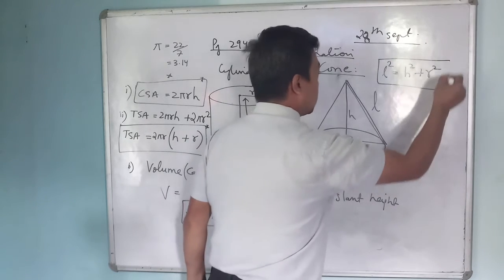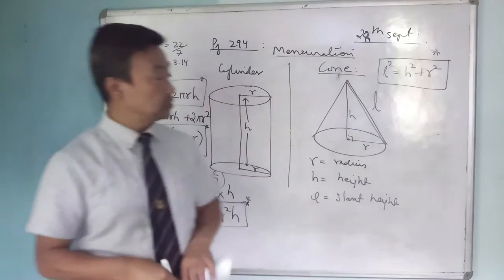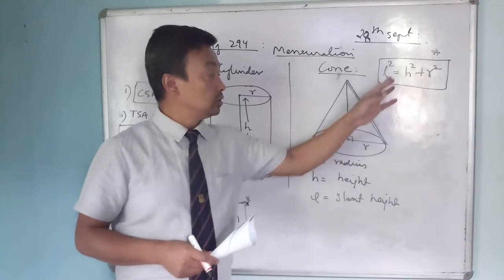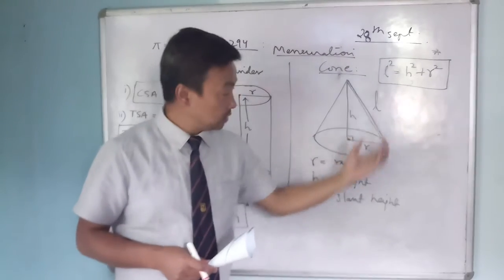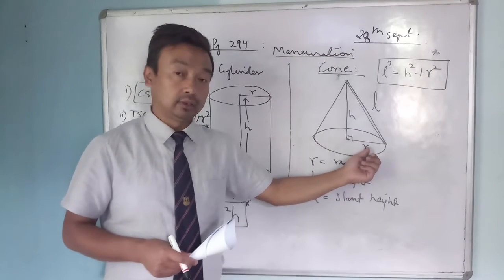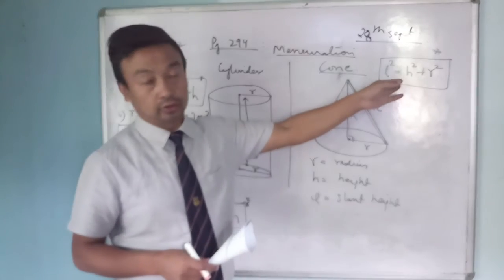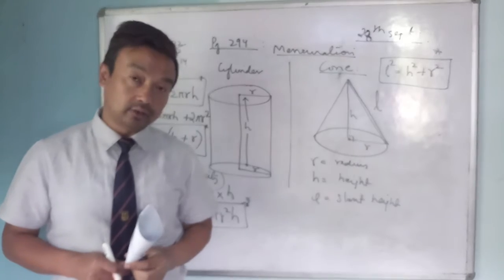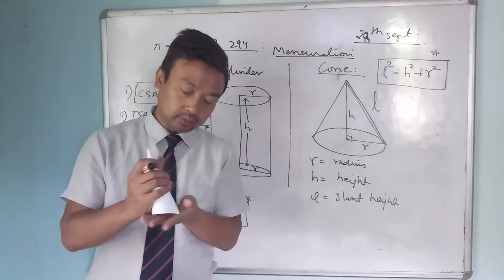Now this is one extra relation which is very, very useful, because in some of the questions any two sides will be given, then with the help of this relation we can find the third side. Sometimes the height and the radius is given, then you need to know the slanting height. Then use this equation. From there you find the value of L, the slanting height. So in the cone also, it looks something like this, alright.